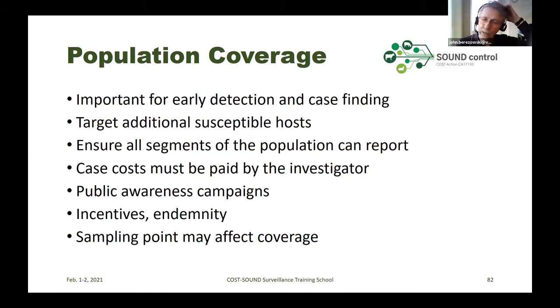You can make sure that all costs for cases are borne by the investigator, so there's no additional costs to the people that report it. Public awareness campaigns are important. Incentive for reporting and indemnity I've already talked about. And sampling point may affect coverage. So we'll talk a little bit about some of the common sampling points a little bit later.